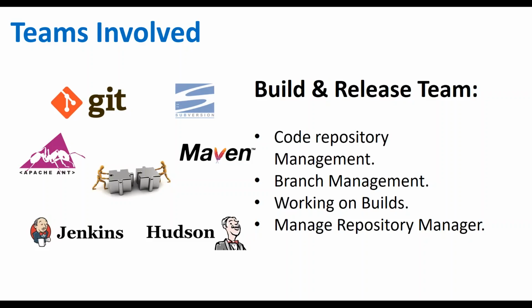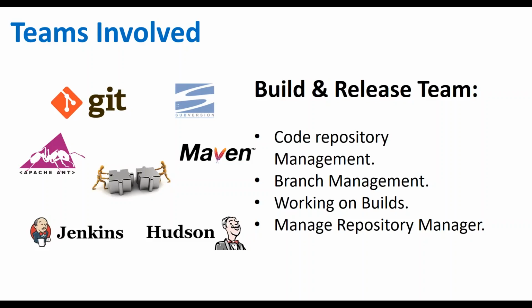This part, making the build and releasing it to the application server, these guys will take care of. And usually they take care of other jobs also, because build and release might be a small thing, but they manage other things like code repository management.